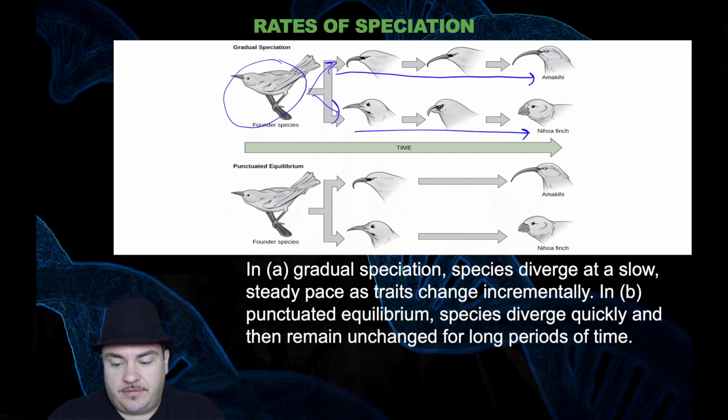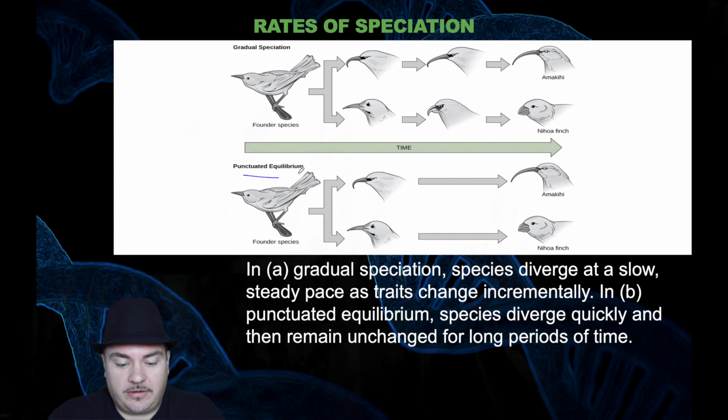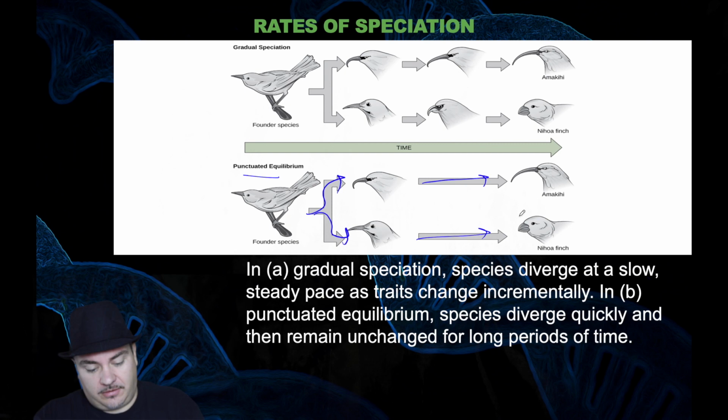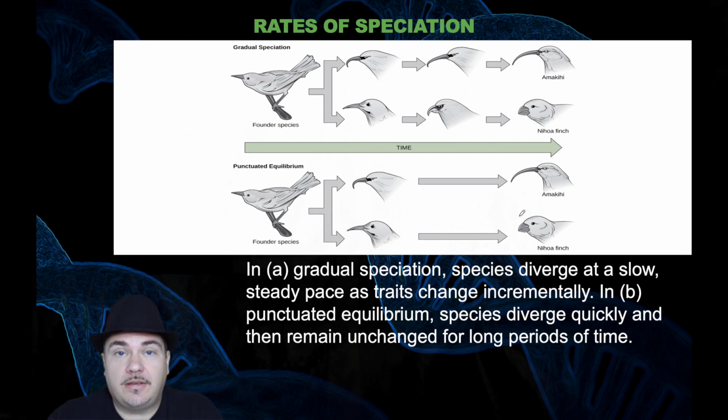One beak becoming thicker, for example, to be able to crush seeds, to be able to eat seeds. Or you can have punctuated equilibria. That's where there's a relatively rapid change. Now remember, rapid means on an evolutionary time scale, so it doesn't necessarily mean overnight. It could still mean thousands of years. But a relatively rapid change and then little change over time. So that's gradual versus punctuated equilibria.